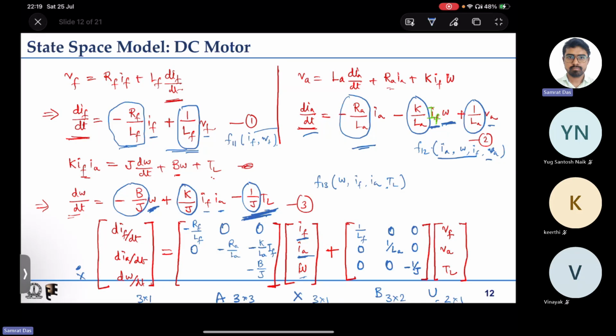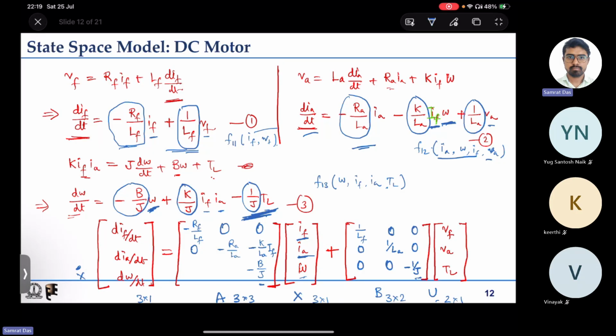The first term is represented as minus b by j into omega, the third row, third column element. The last term is also represented like this, minus 1 by j into TL.